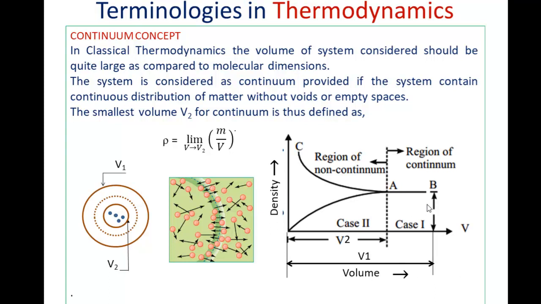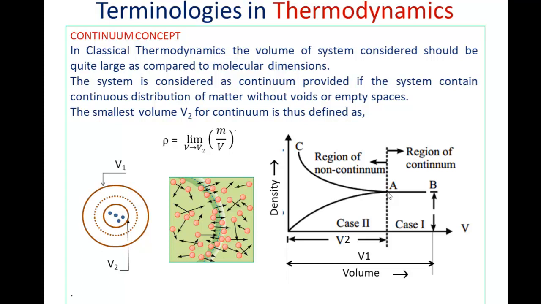In the initial case, when the volume is V1, we had many molecules within the system, and the density at any particular instant is going to be constant. As we keep on reducing the volume from point B, let us say it has come to state A, up to which we can apply the continuum concept, or we can go for the classical thermodynamics approach.